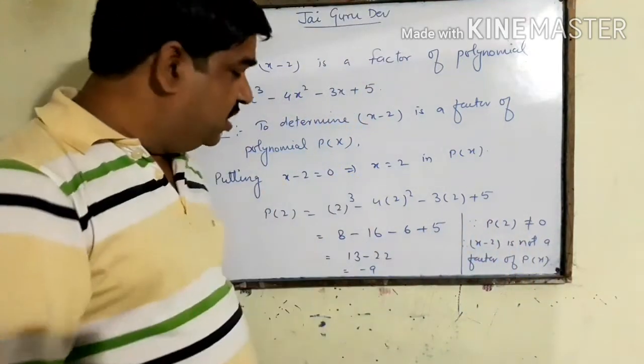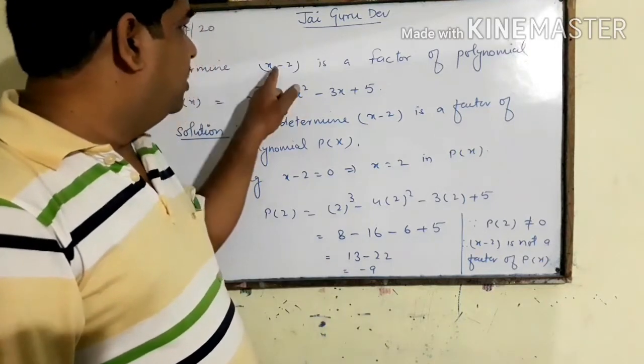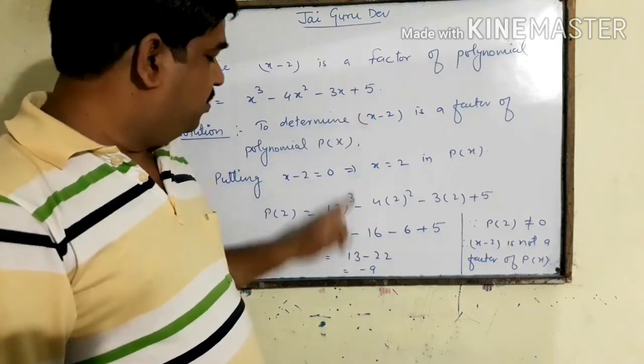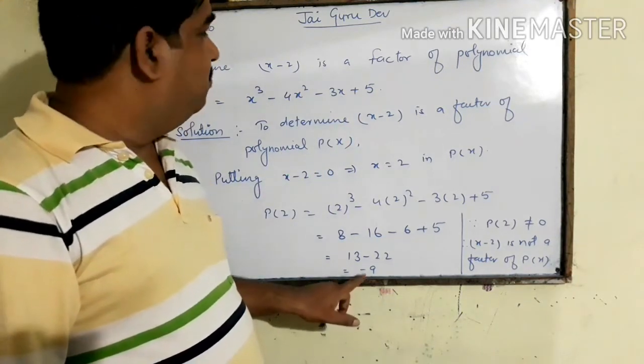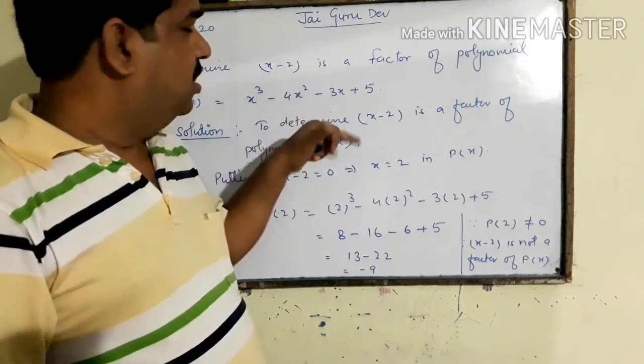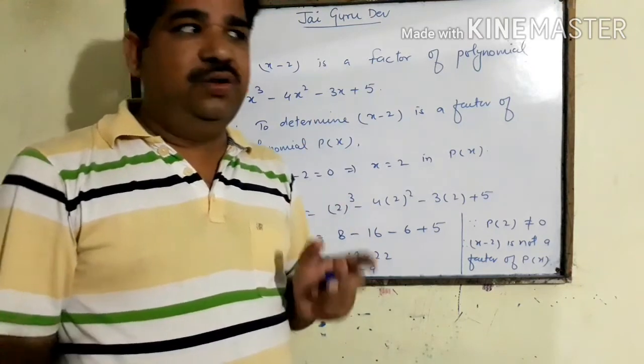In the situation in which this value is 0, in that condition x minus 2 is a factor of p(x). Where this value comes to 0, the expression x minus 2 will be a factor of this polynomial. Thank you. Jai Gurudev.